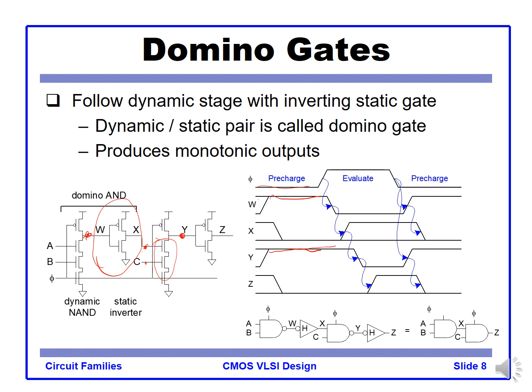And then when the evaluation happens, depending on A and B, the W goes down. Once W goes down, then X goes up, right? This is the result of evaluation. Depending on A and B, X goes up. Now it starts evaluating on the second domino. The second domino evaluates the output, so the Y goes low and then Z goes up.